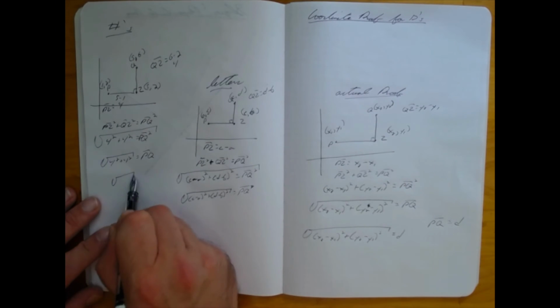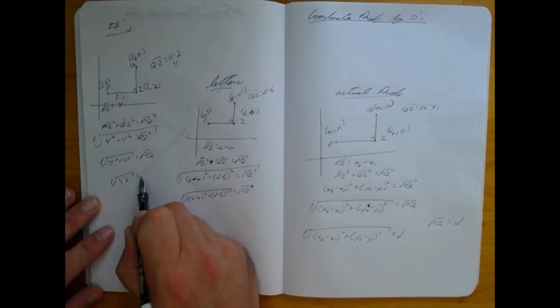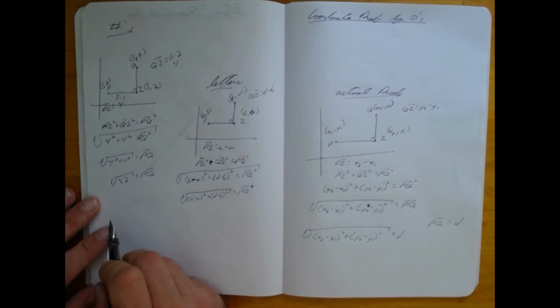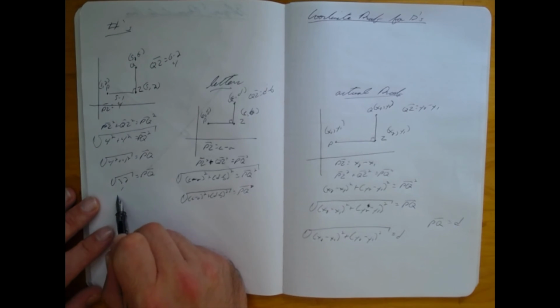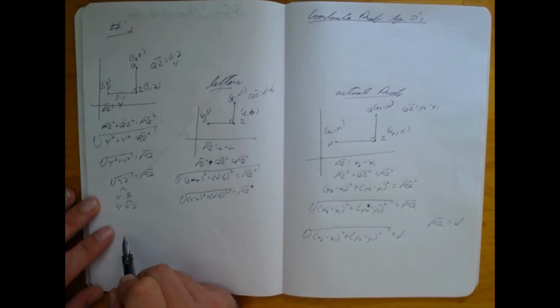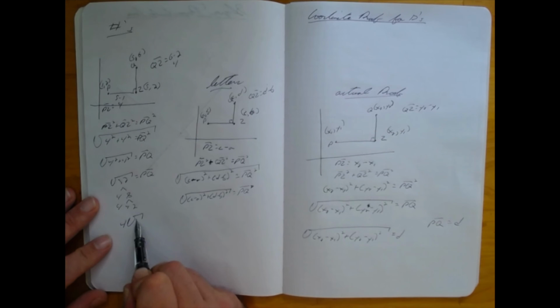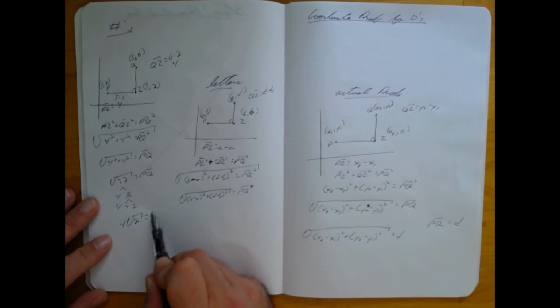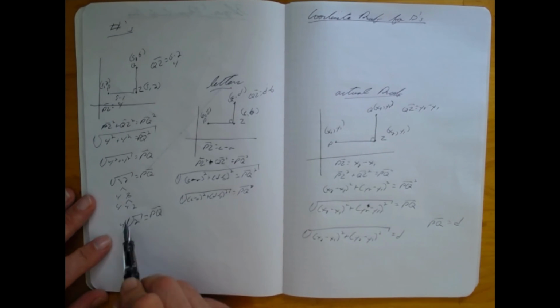This is the square root of 32, which is equal to PQ. Well, 32 is 4 times 8. So 4 times 4 times 2. So I get 4 square root of 2 is my distance from P to Q.